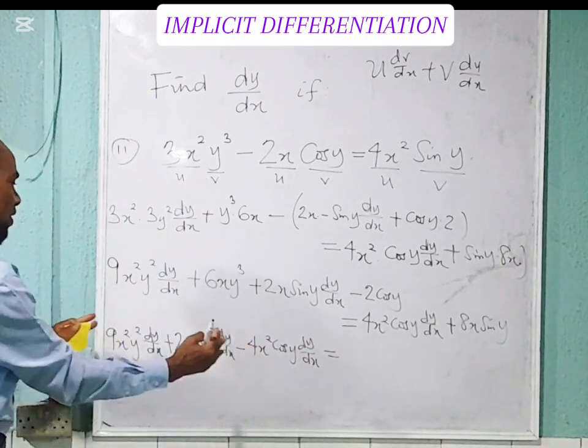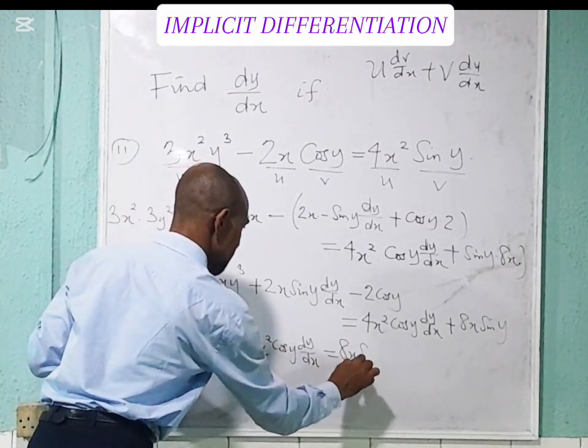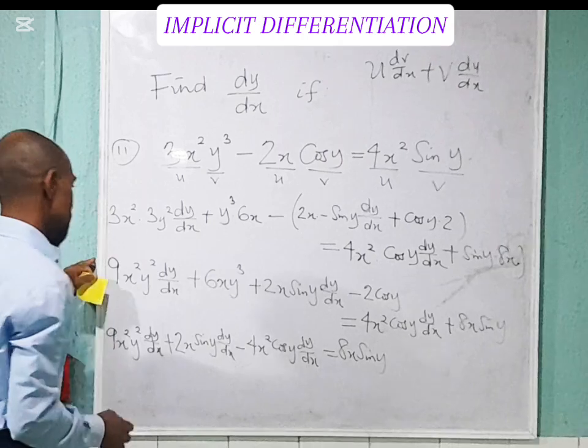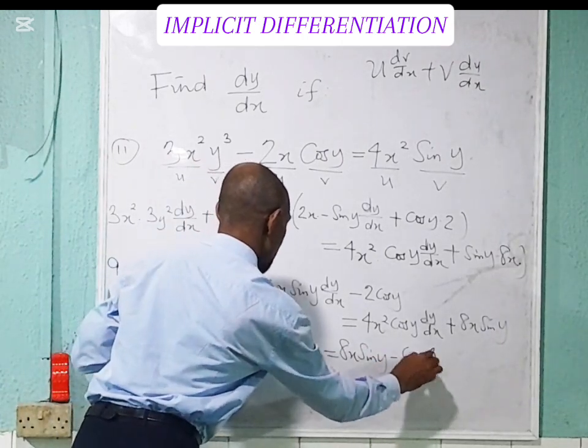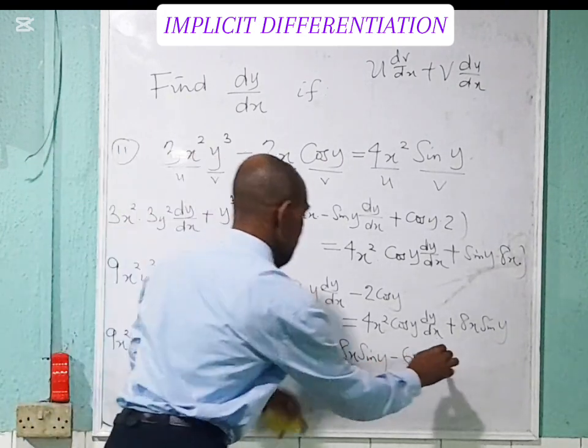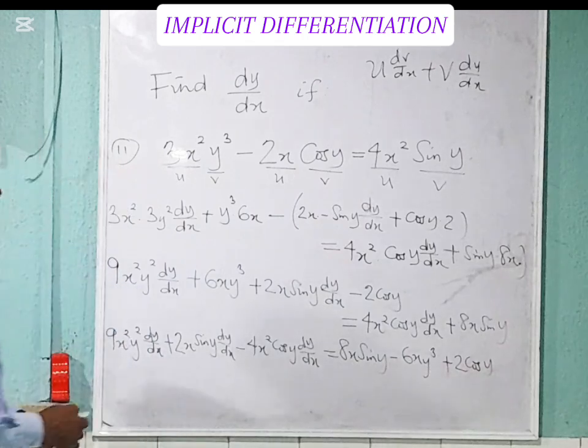So we have all the dy/dx's on one side, then the others are on the other side. So we have 8x sin y, then minus 6x y cubed, and lastly plus 2 cos y.